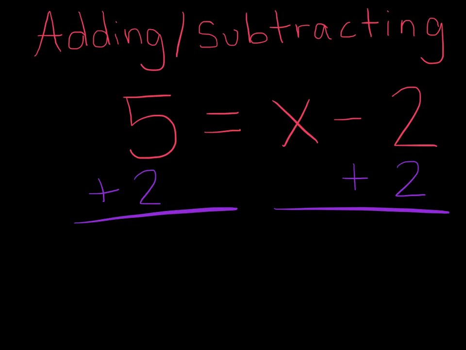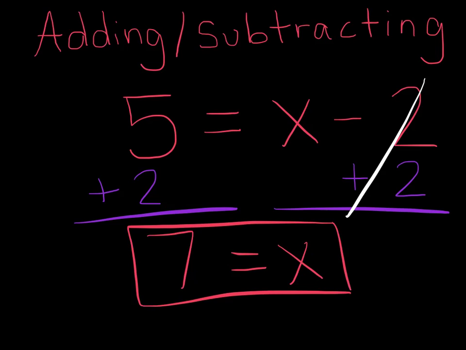A negative 2 and a positive 2 will cancel. I'll be left with x equals 5 plus 2, which is 7. X is equal to 7, or 7 is equal to x, however you prefer to write it. Either way, it's correct. I know that if I plug in 7 for the x, that would mean 7 minus 2 is equal to 5. We know that that is correct.